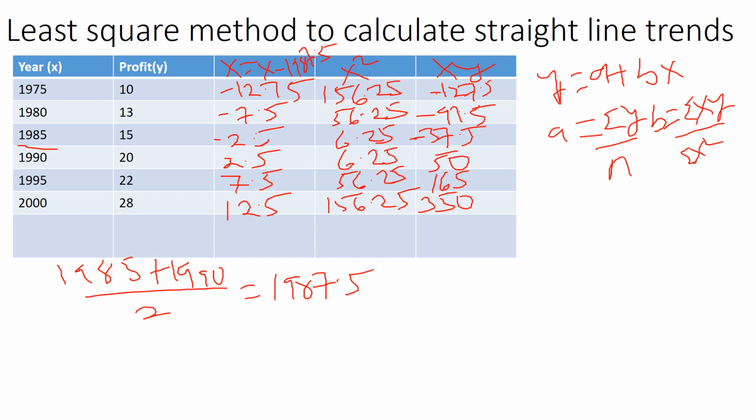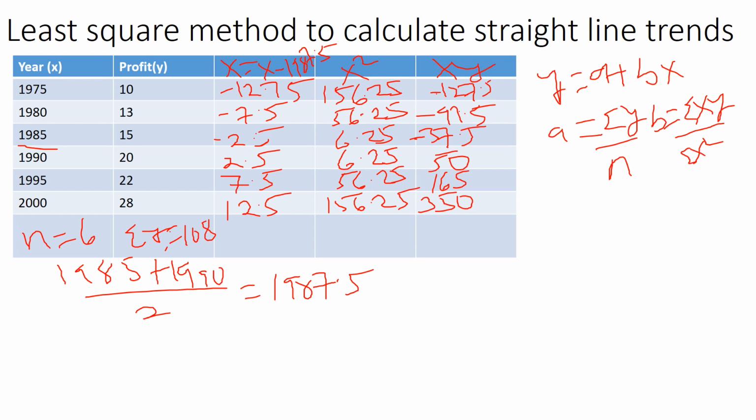So the next column that we need to get here, we know that the number of observations here is equivalent to 6. If you calculate all of them, you get 6. And then also you need to get the summation of y here, which is, you had 10, 13, 15, 20, 22, and 28. And when you add them, you get 108.